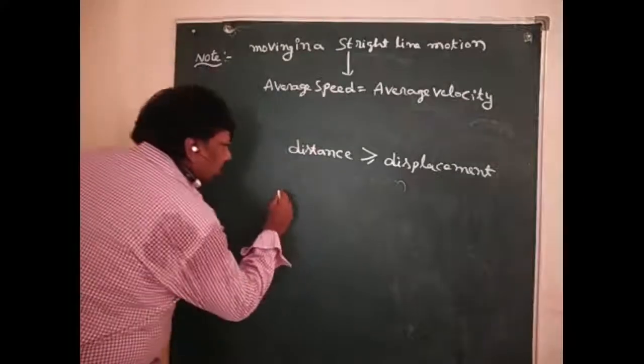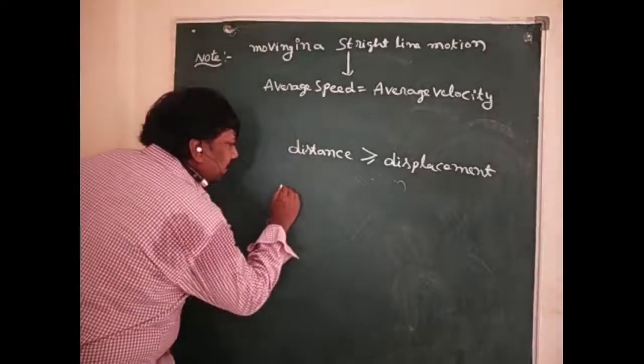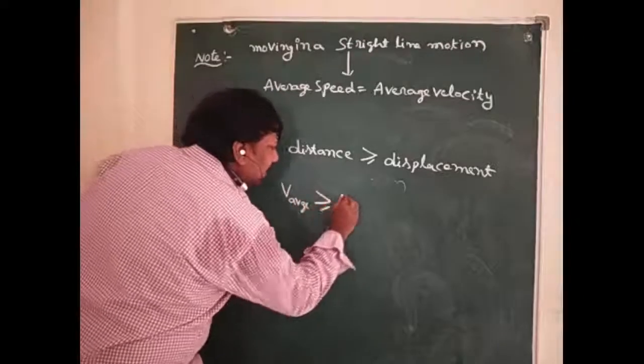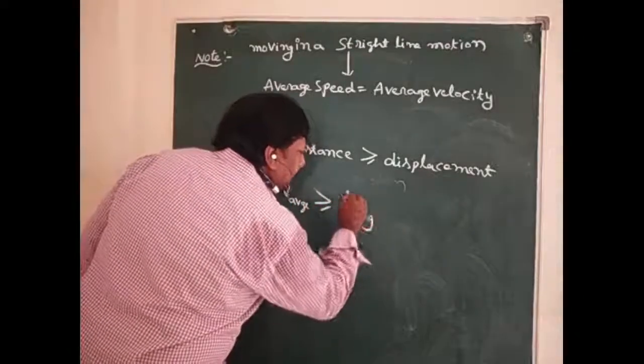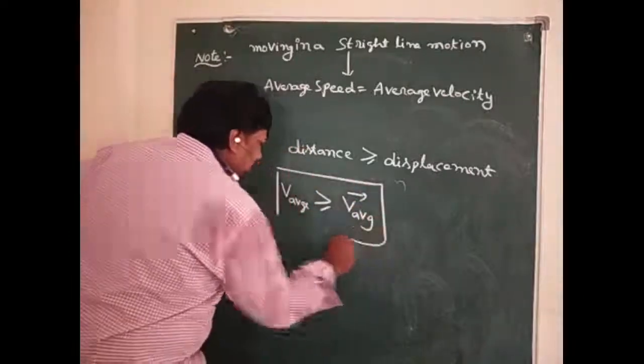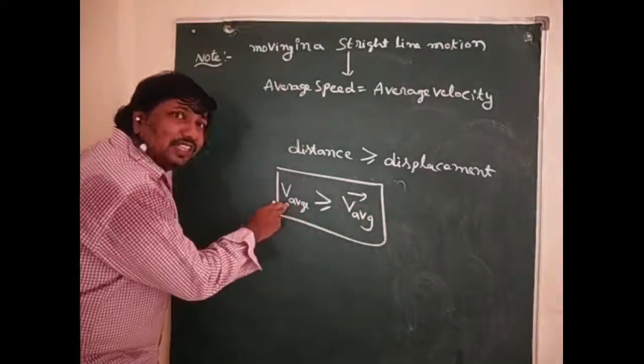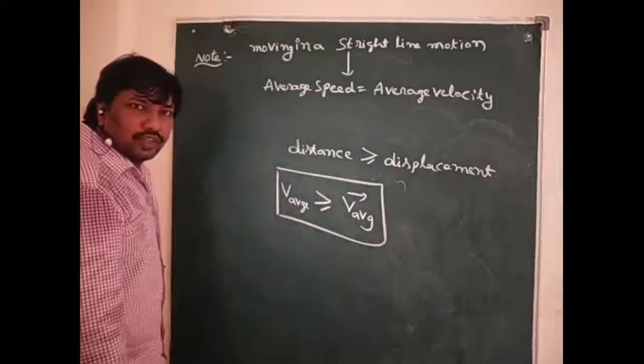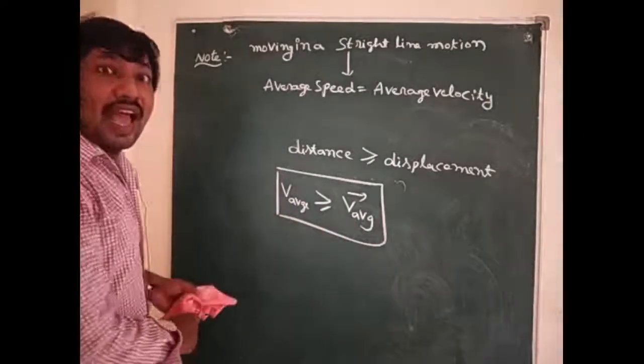Average speed is a scalar quantity, average velocity is a vector quantity. Next one is acceleration.